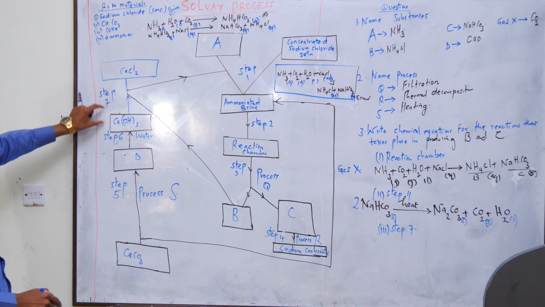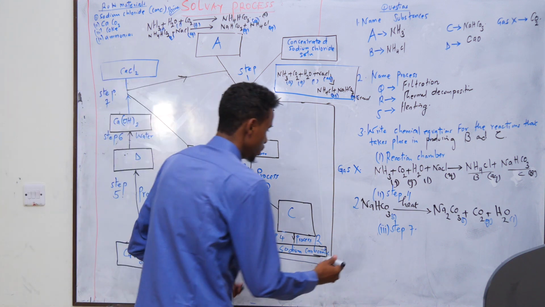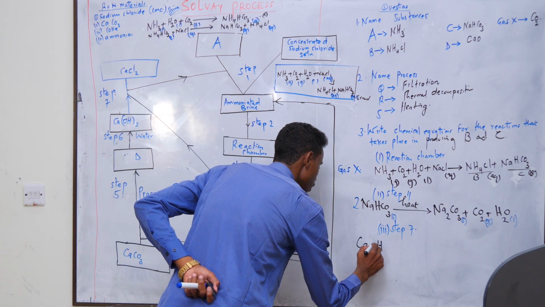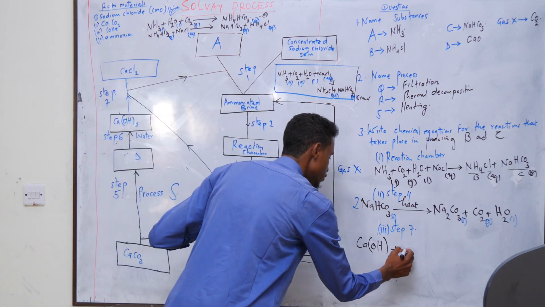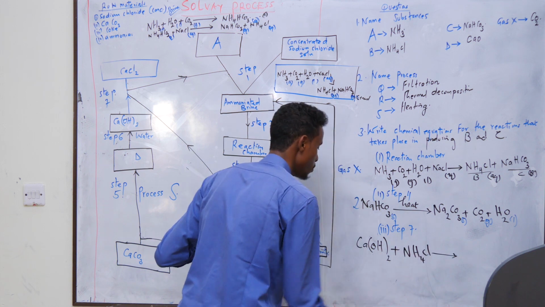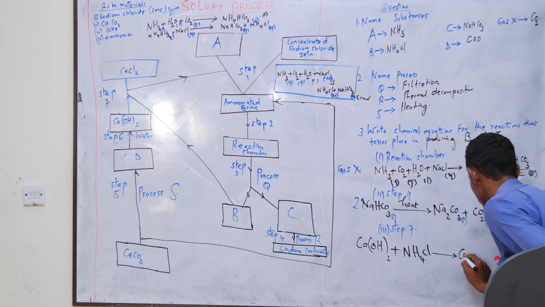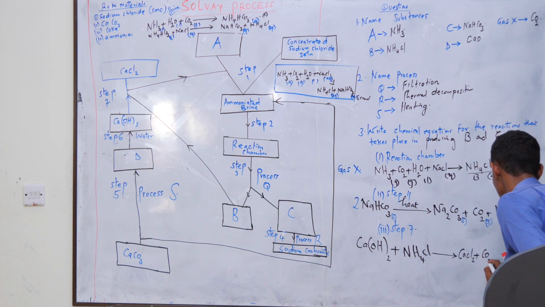Now reaction step 7. Finally step 7. Calcium hydroxide added to ammonium chloride. What will be formed? It's going to form calcium chloride plus ammonia plus water.